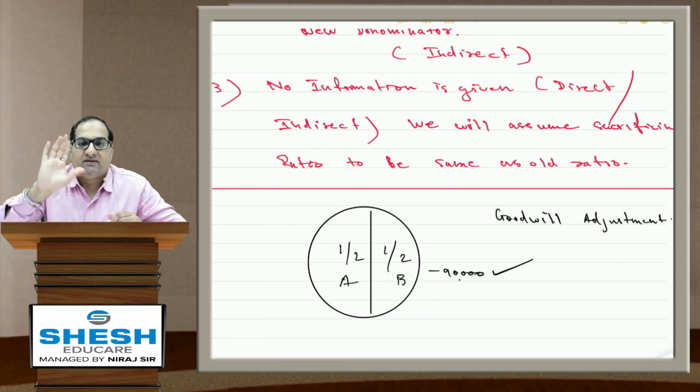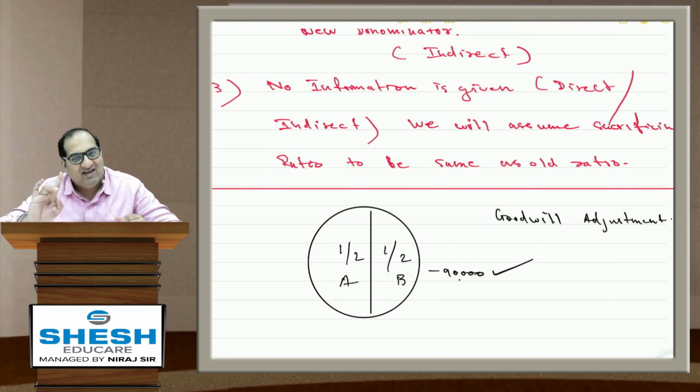ये A and B को पहले से मालूम. इसीलिए A and B will tell C, yeah, on the date of admission, but boss, ये ठीक है, you are coming as a third partner, you are bringing 1 lakh as capital, सब फर्क है. But apart from the assets and liabilities shown in the balance sheet, we also have a reputation worth rupees 90,000. And we have not shown this in the balance sheet asset side.